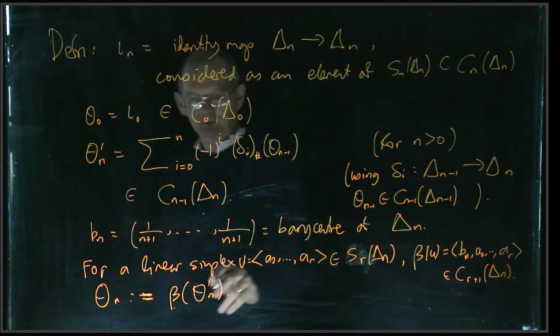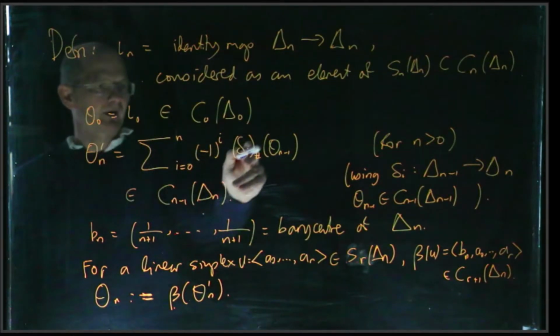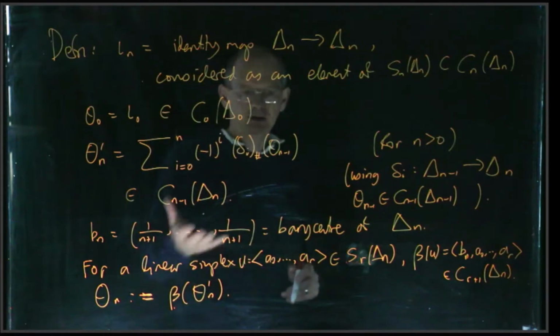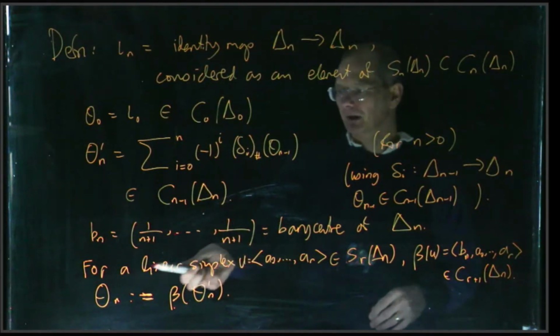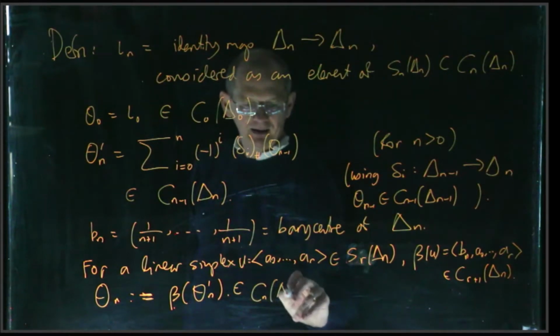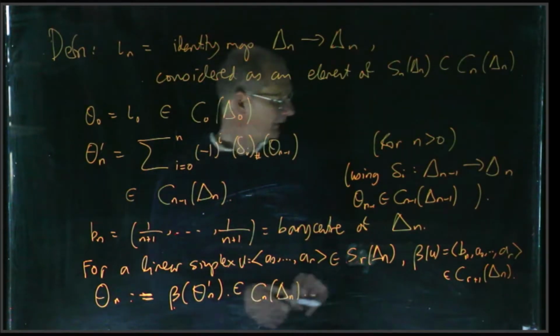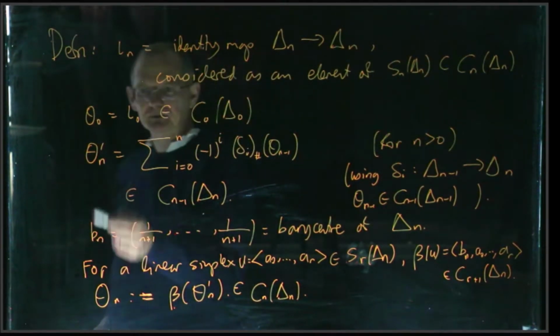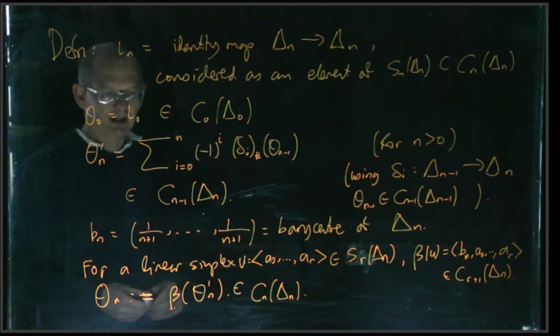Here we had our θ_n', an (n-1)-chain in Δ^n. We connect everything up to the midpoint, which bumps up the dimension by 1. So this guy here is in C_n(Δ^n). Okay, so now this is an inductive procedure which defines θ_n for all n.